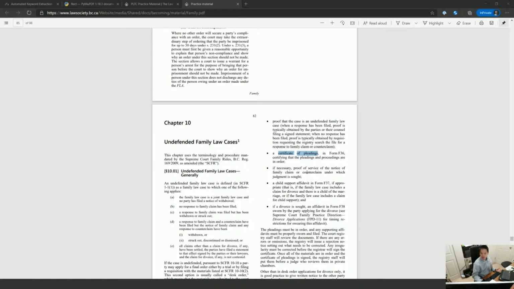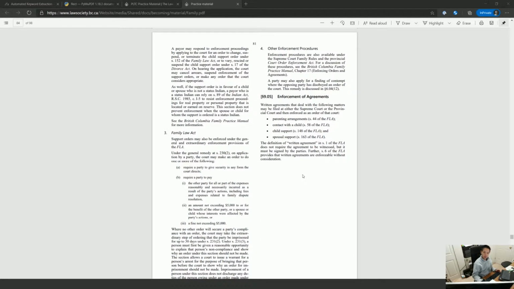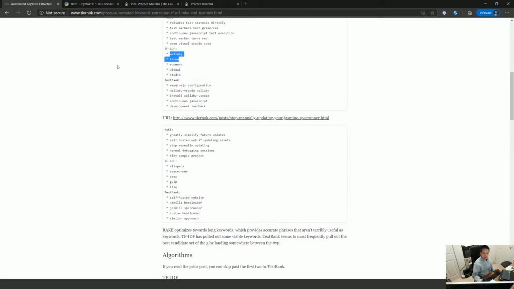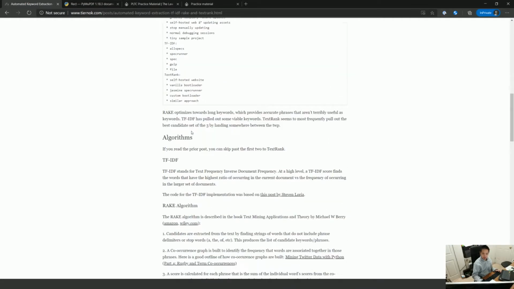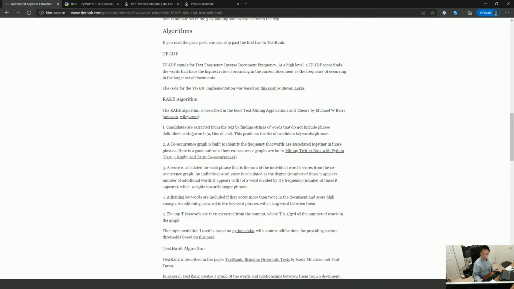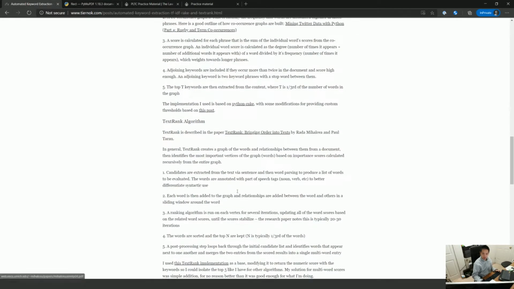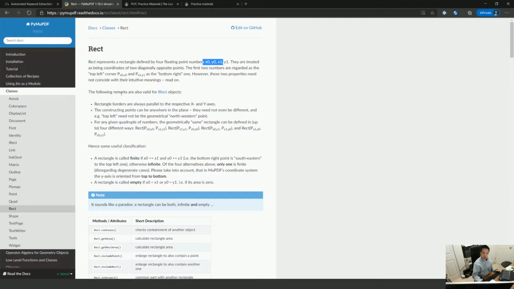That may not work. We'll see how it goes, but it's looking pretty good. People have already kind of given us the pieces here. We'll use the text rank algorithm, and then we'll use this PDF searching library. Okay, so we're gonna head straight to work then.